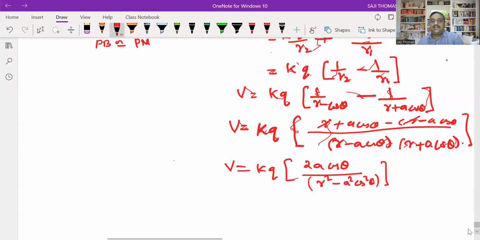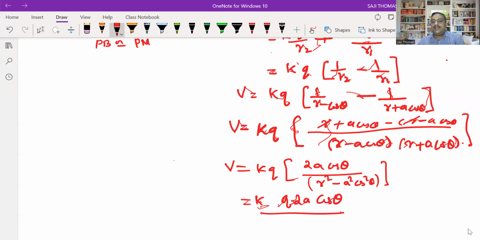Then this can be written as K into Q into 2A cos theta divided by R square minus A square cos square theta.